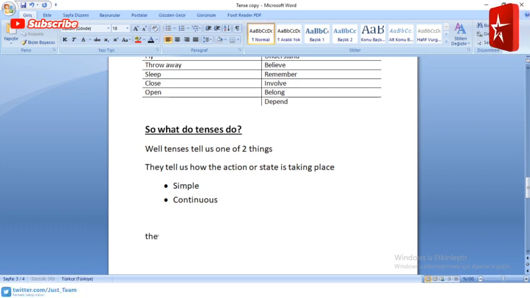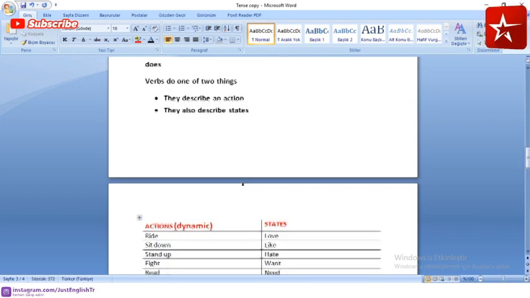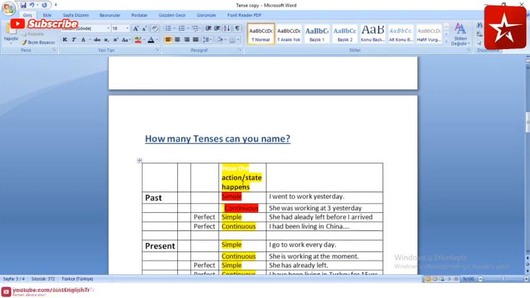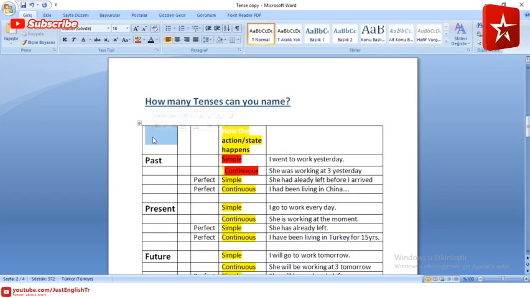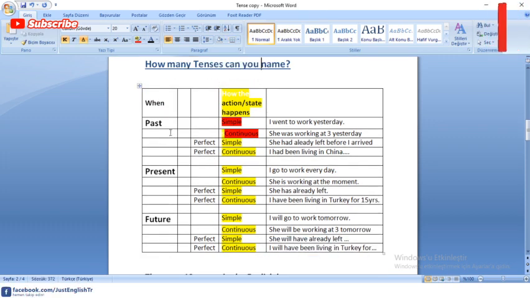Secondly, they tell us when the action or state is happening. So that's what tenses do. They tell us when. If we go back up here, this part here is telling us when that action happens.